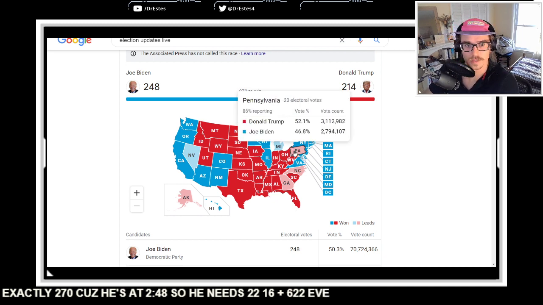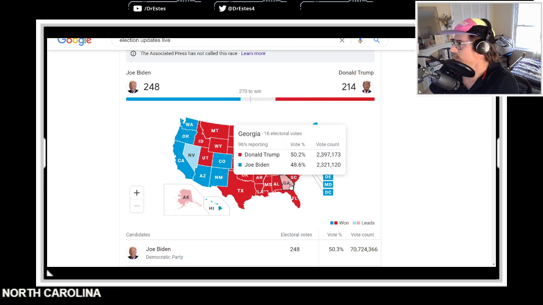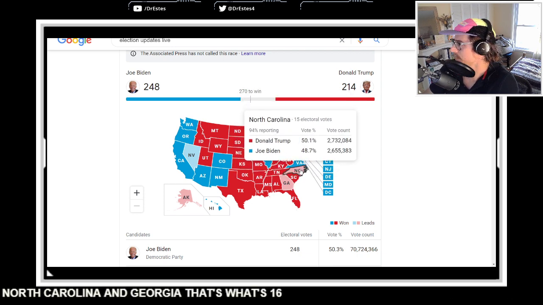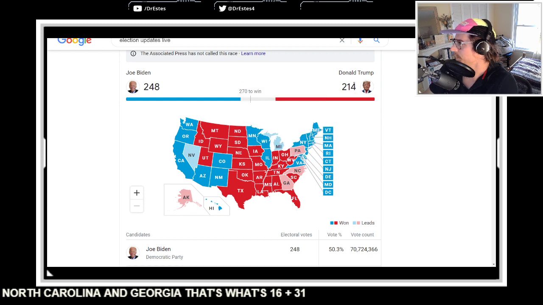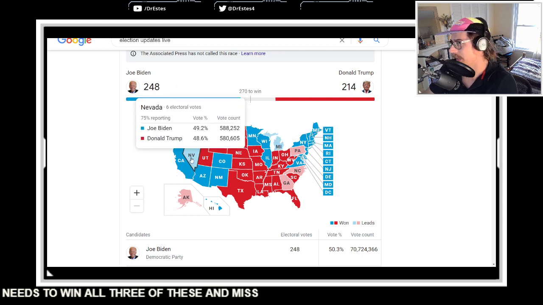Even if Trump takes Pennsylvania, North Carolina, and Georgia, that's what, 16 plus 31, 51. That'll bring him to 266. So Trump needs to win all three of these and Michigan or Nevada.